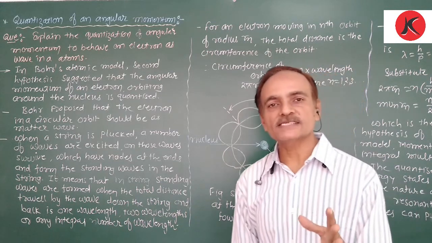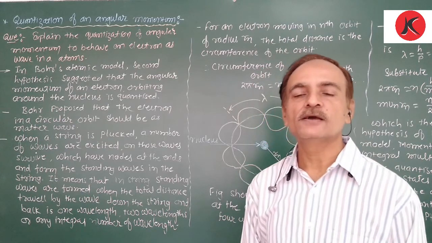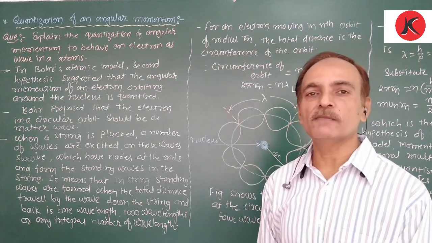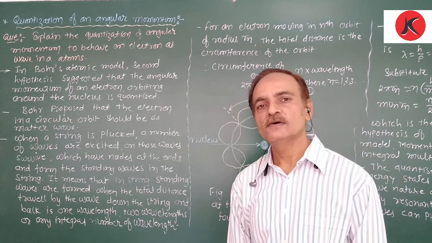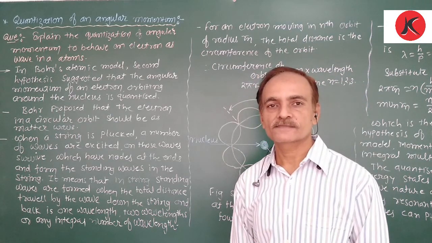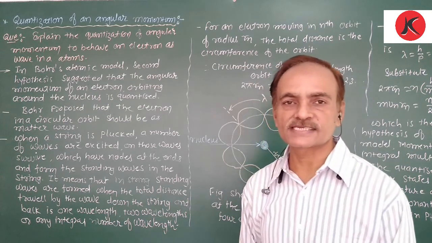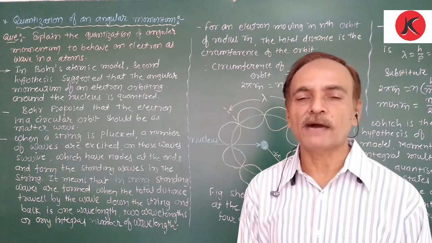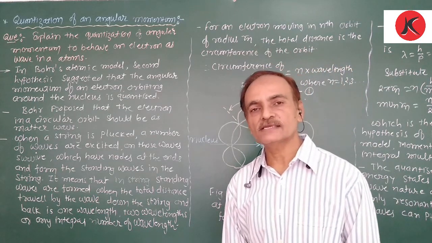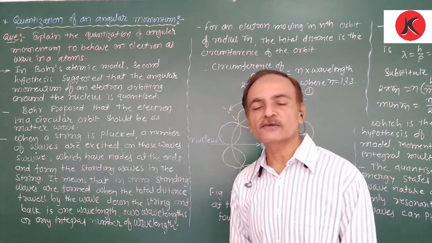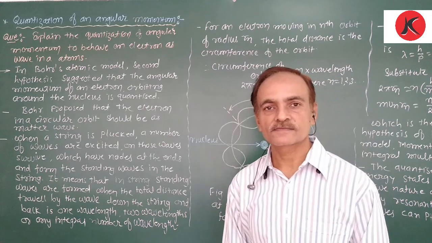So out of these numbers of orbits, the electron can revolve only in those orbits for which its angular momentum must be an integral multiple of h upon 2 pi. Here we are going to discuss the wave nature and particle nature of the electron according to de Broglie's wavelength, and also how the angular momentum of an electron in a particular orbit is quantized.